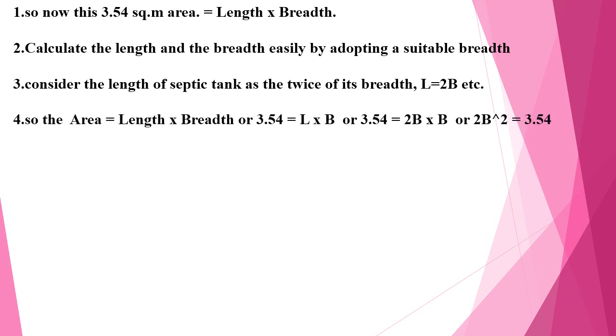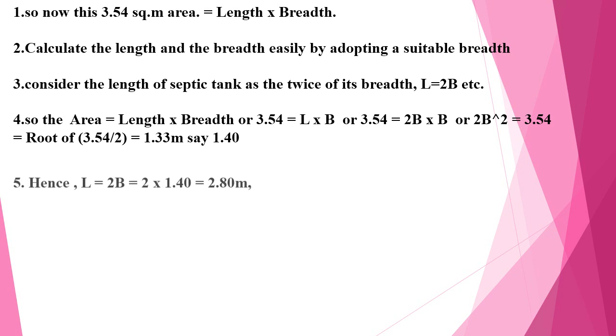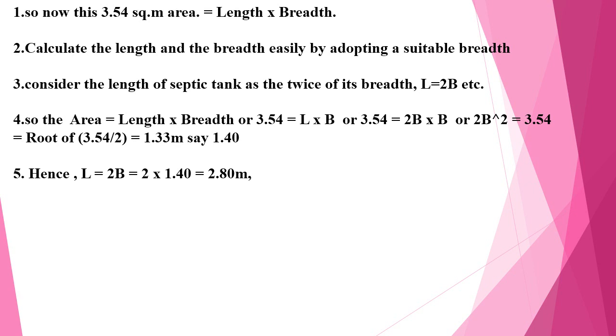So the area will be length into breadth, or 3.54 is equal to length into breadth, or 3.54 is equal to 2b into b, or 2b square is equal to 3.54. Root of 3.54 square meter shall be 1.33 meter, say 1.4 meter. Hence length will be 2b, equal to 2 into 1.4, 2.8 meter.